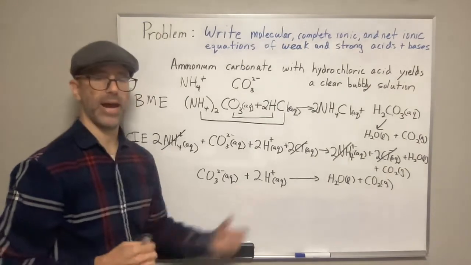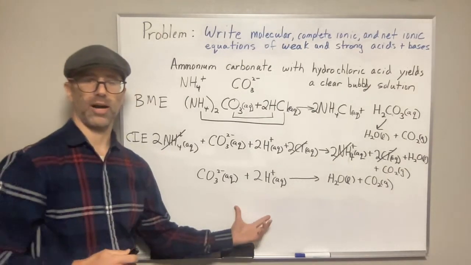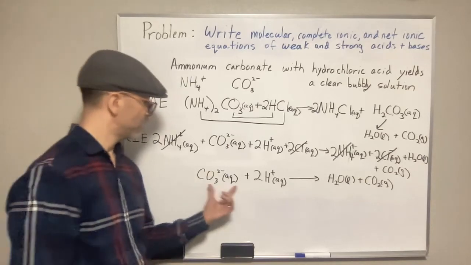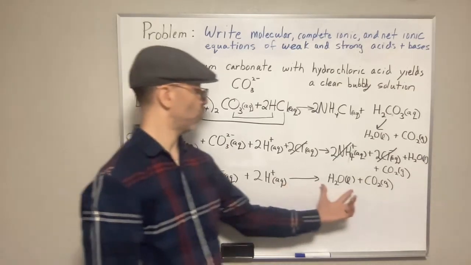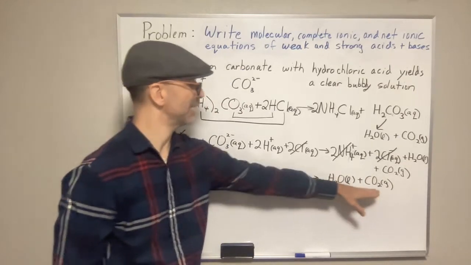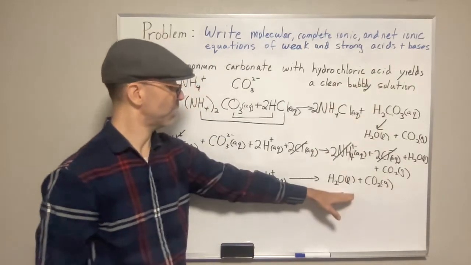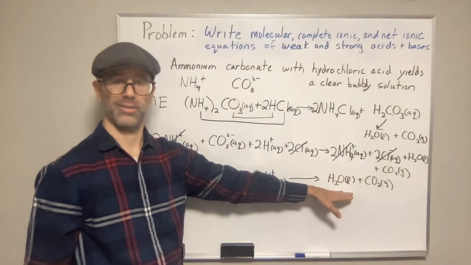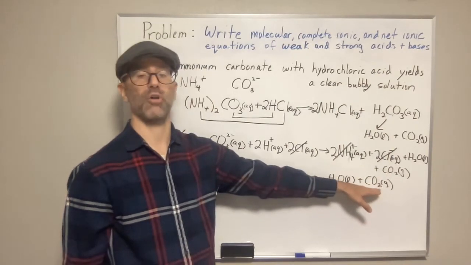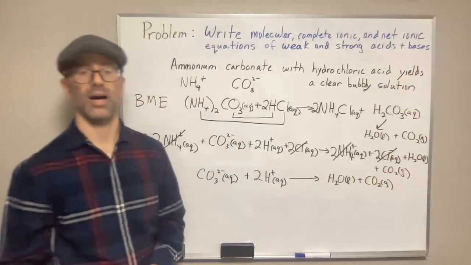And there you have your net ionic equation. And so you can see that these two are going to react to form water and carbon dioxide, and thus you have your clear bubbly solution. Because it's clear because all you have is water, right? Water is formed and that's clear, and then the CO2 is your bubbly part.